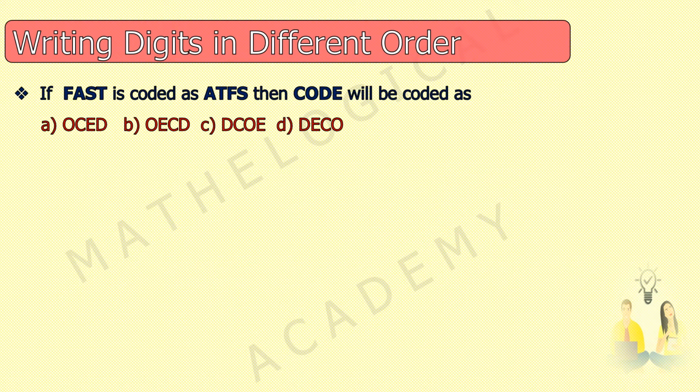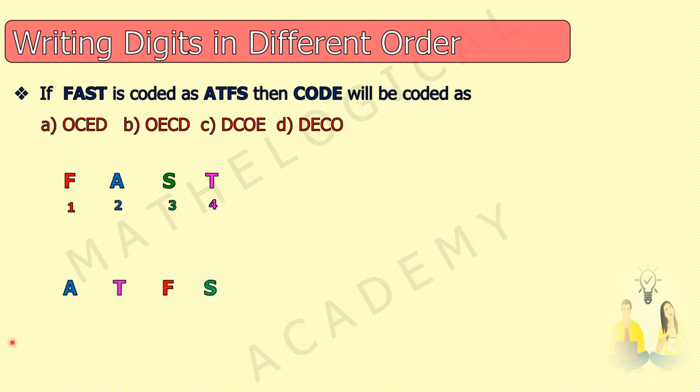There is one similar style of coding in which we write letters in different order, not necessarily reverse order, any different order. Question: if FAST is coded as ATFS, then CODE will be coded as? FAST coded as ATFS.